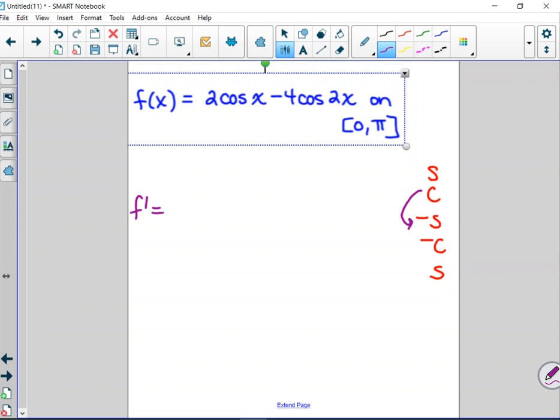So f prime is going to be negative 2 sine x, and a negative cosine becomes a positive sine, so plus 4 sine 2x times 2. Where'd my extra 2 come from? Right here, little chain rule. I forget that, I'm done.